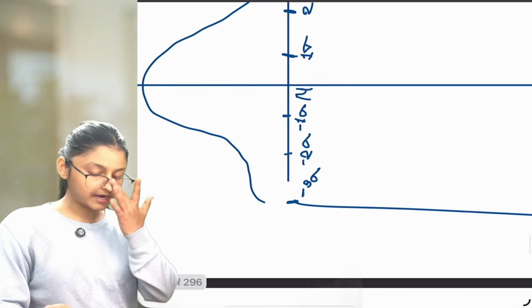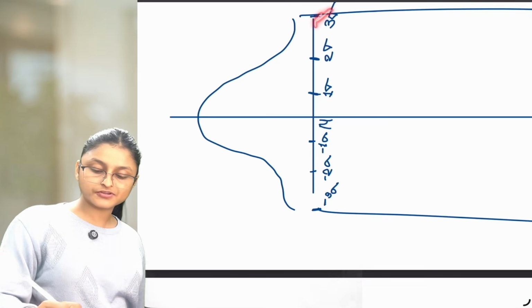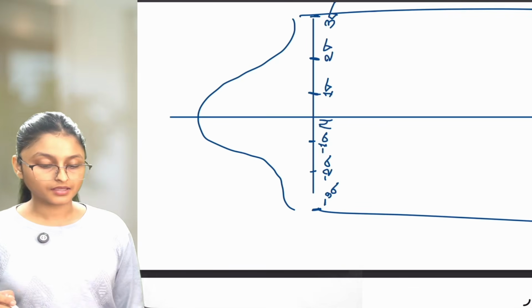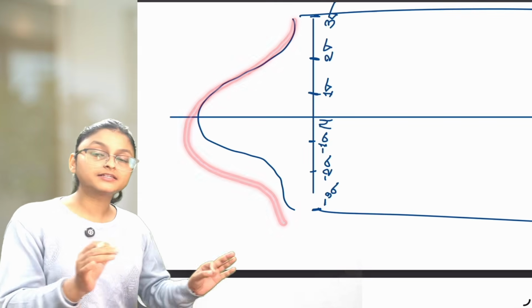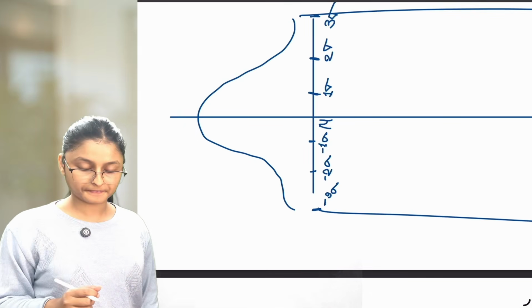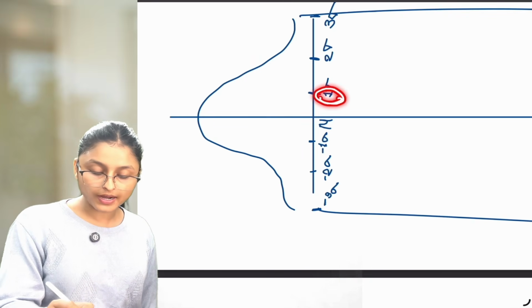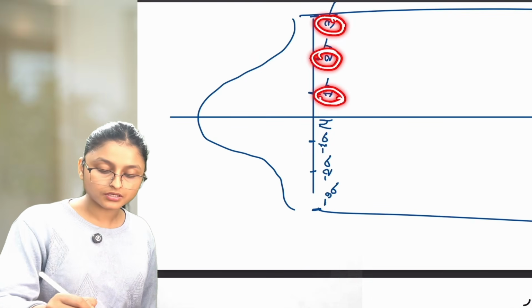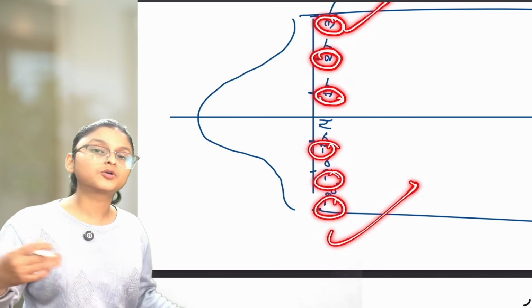Now you can ask, ma'am, why have you drawn only up to 3 standard deviation here and -3 here? The reason is this normal distribution curve has a table, which is also known as normal distribution table. Now this table shows us that if you go 1, 2 or 3 on this side and 1, 2 or 3 on this side, what will happen?